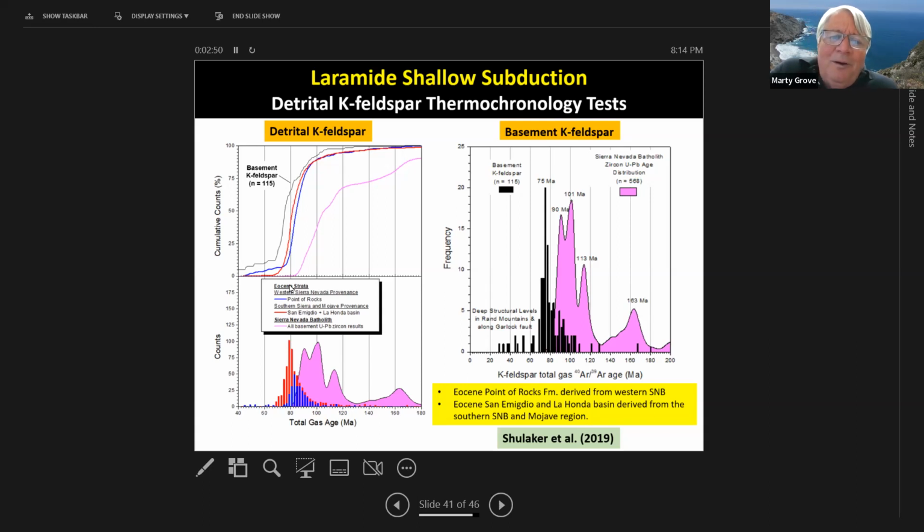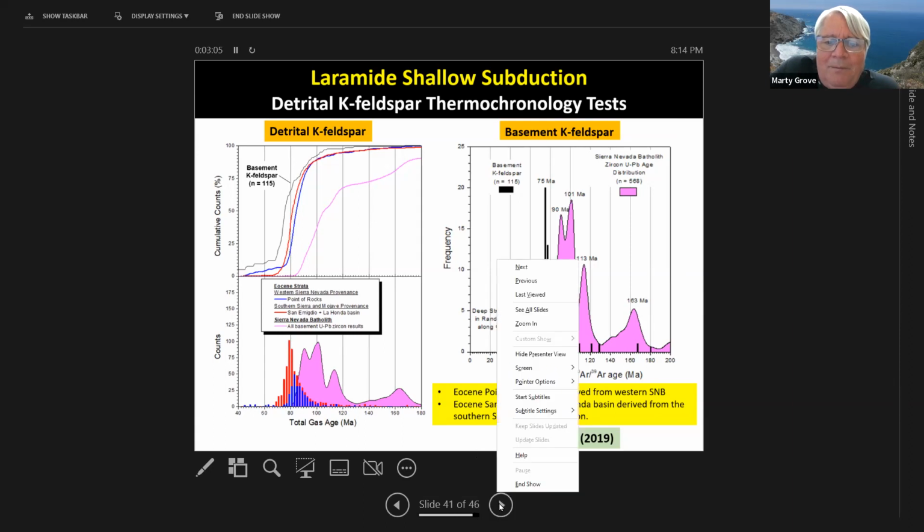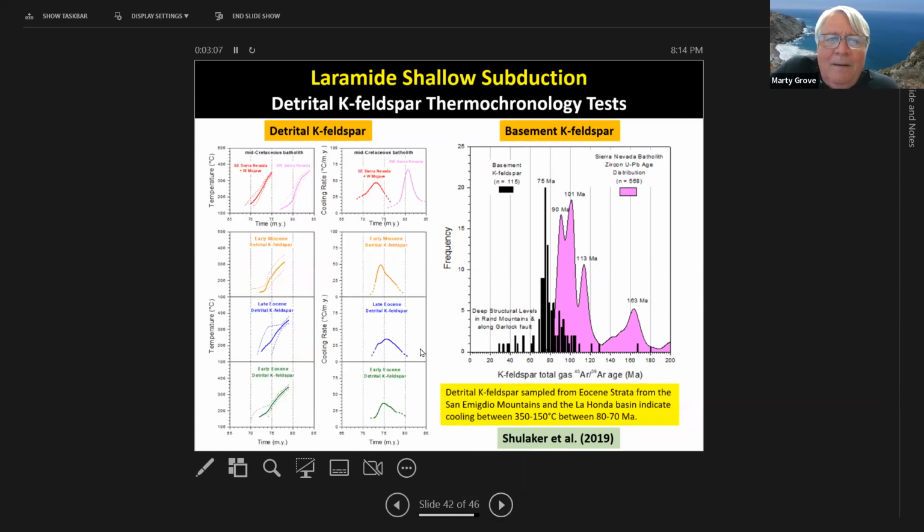The main thing when you look at this is that the peak in terms of the cooling ages is somewhere in the neighborhood of about 80 million years. And when you look at cooling histories from these rocks, the actual maxima in cooling is occurring somewhere in the neighborhood of about 75 million years.